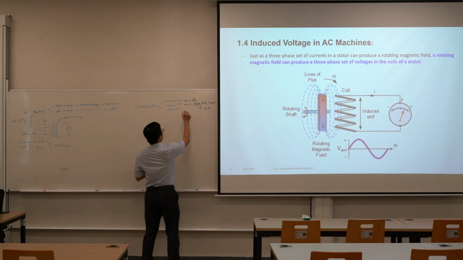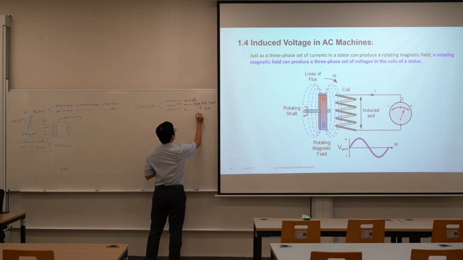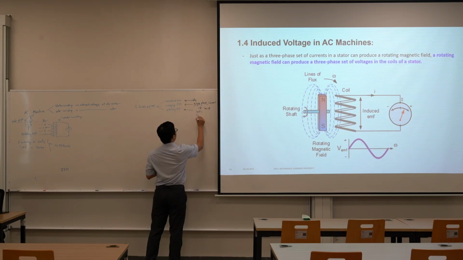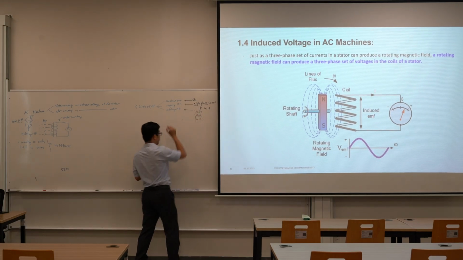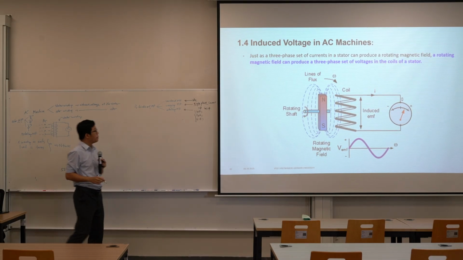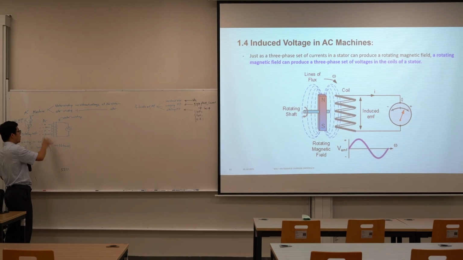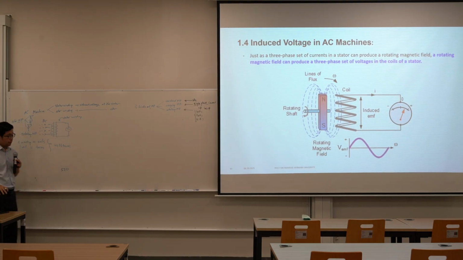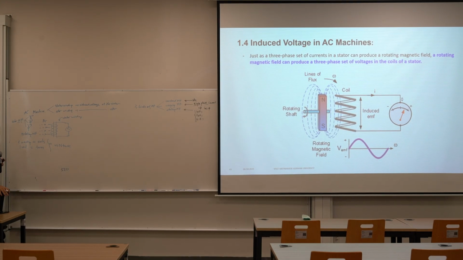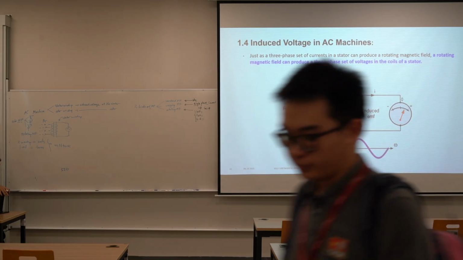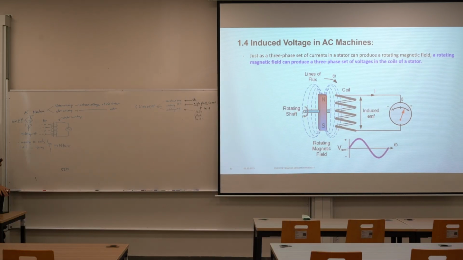And if we apply a three-phase current, IA, IB, and IC, we get a rotating magnetic field. So this is the general idea of induced voltage, where we apply Faraday's law.